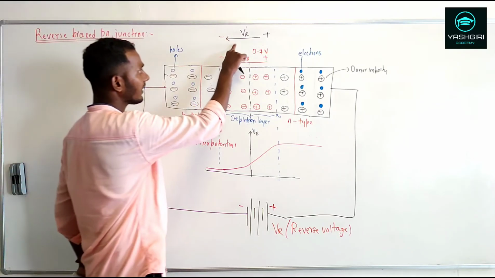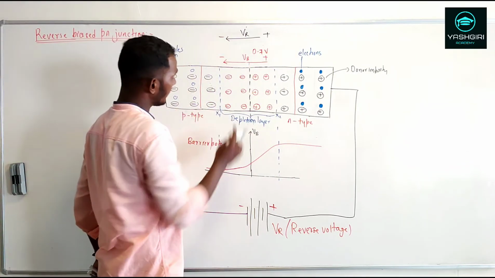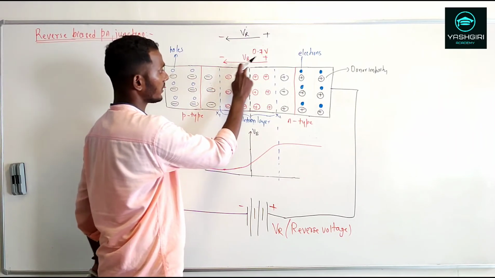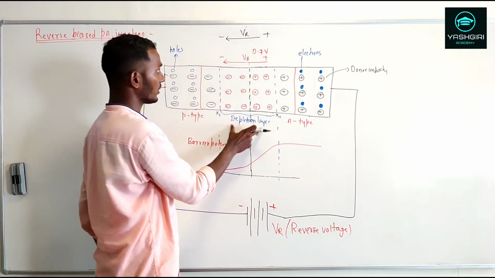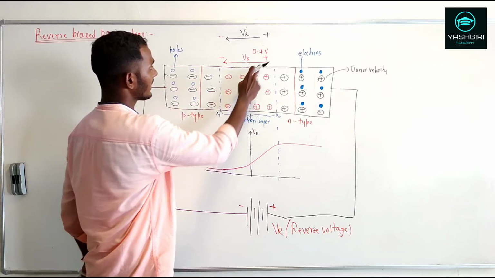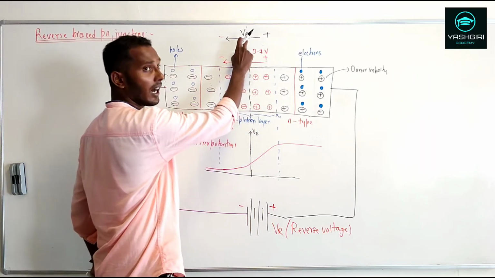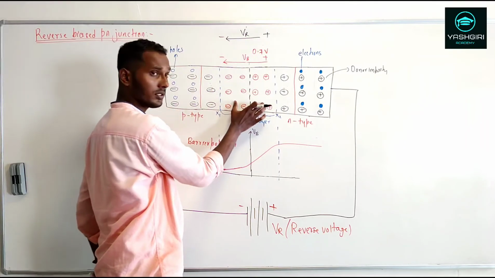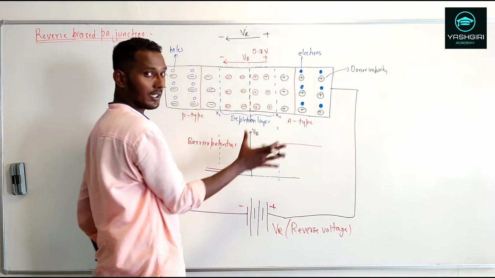When the electric field is established in this direction, now if you look at the field created due to the potential barrier at the junction, it's in the same direction as this VR. So the resultant field at the junction will be increased.